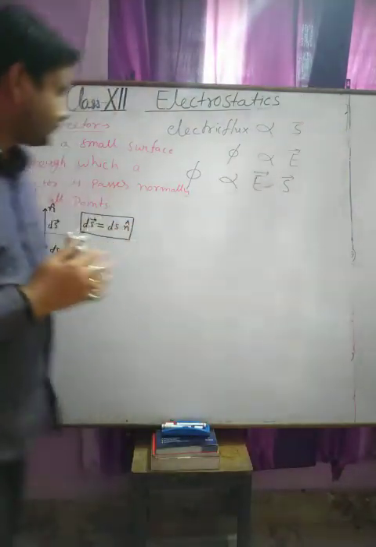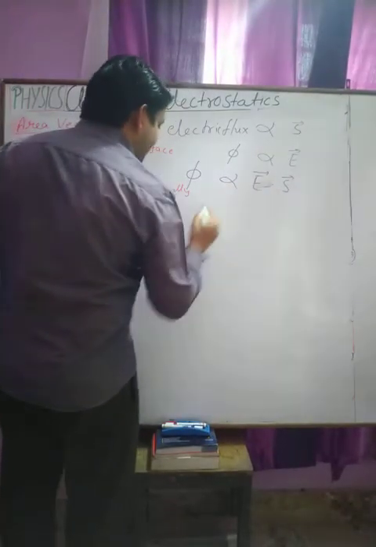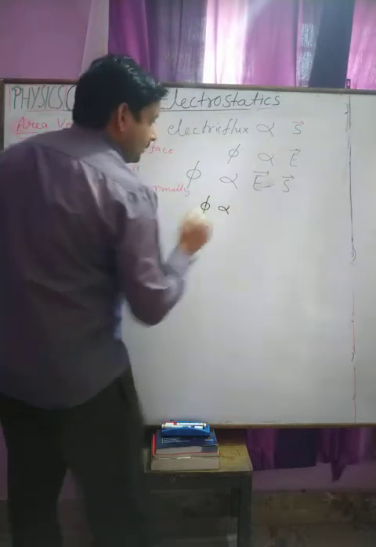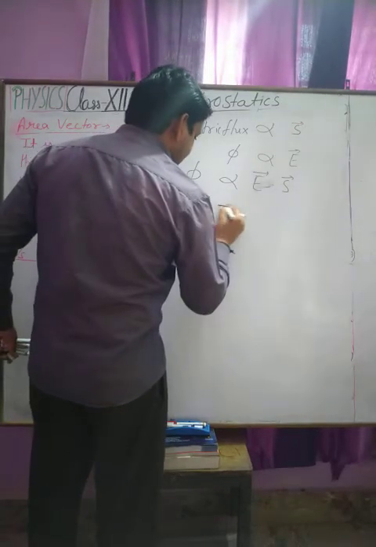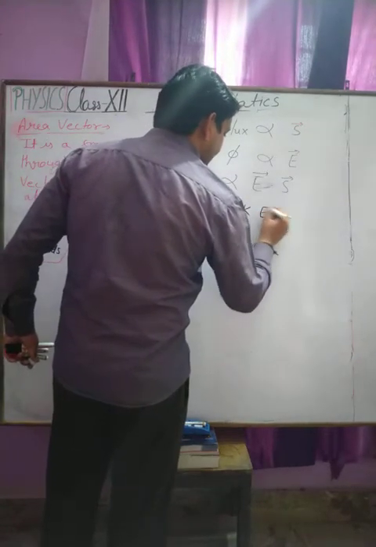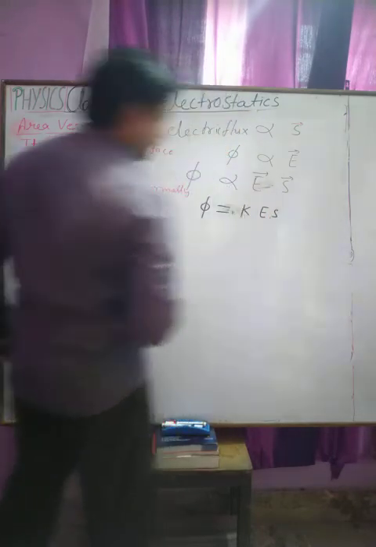Okay student, now when we remove this proportional sign, we get flux is equal to E dot ds.